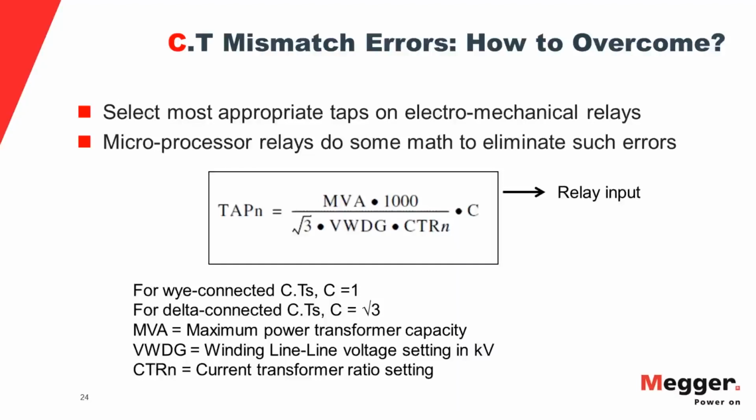Some other relays use the voltage values on the high side and the low side, and then compensate that for the secondary side. So they define the CT ratio for the primary side, and based on it, they adjust the secondary side CT ratio. So different manufacturers utilize different ideas.